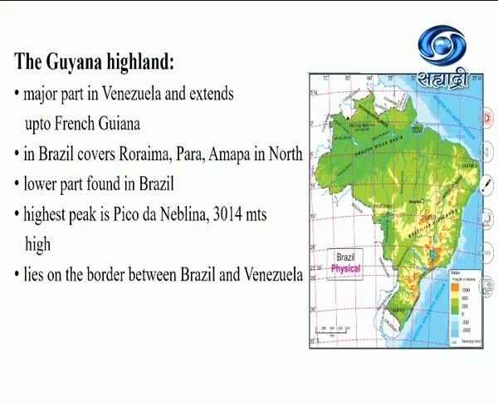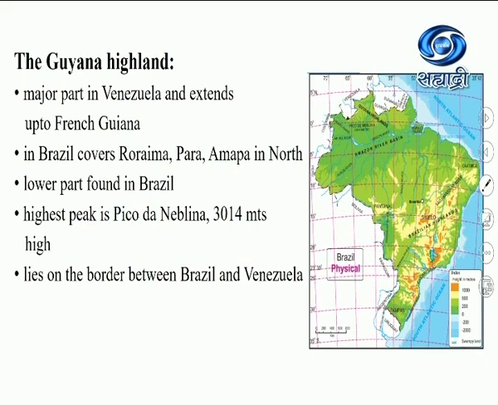Coming to another highland, another very important feature is the Guiana Highland. So this is a major part in Venezuela. You can see here it's a major part in Venezuela and extends up to French Guiana. So this particular Guiana Highland is a part of Venezuela and French Guiana, and some part is covered in Brazil.